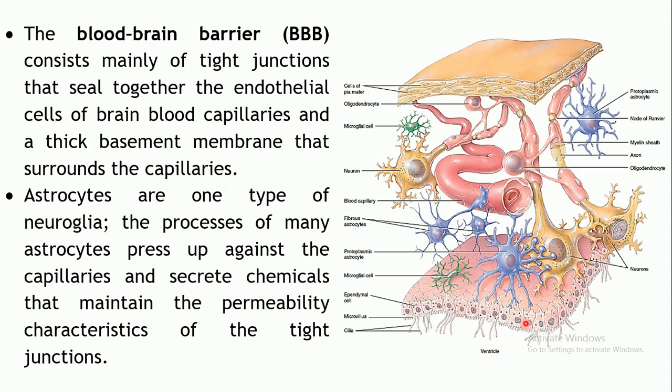So these are the different types of neuroglia which are present in the CNS. Now remember, we had discussed the blood-brain barrier when we were discussing the functions of astrocytes.